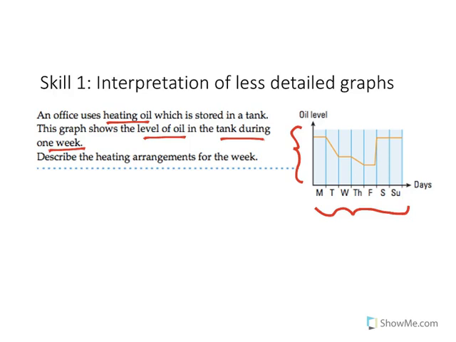We don't have any specific numbers on that oil level, but what we know is that the bottom is low or 0, and that the top could be anything. All we know is that it's more. Usually when we watch the lines, a line that goes straight across basically means it stays the same. Lines that go down, usually that's a loss.